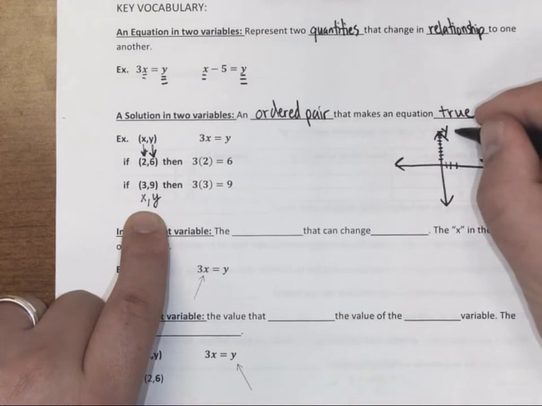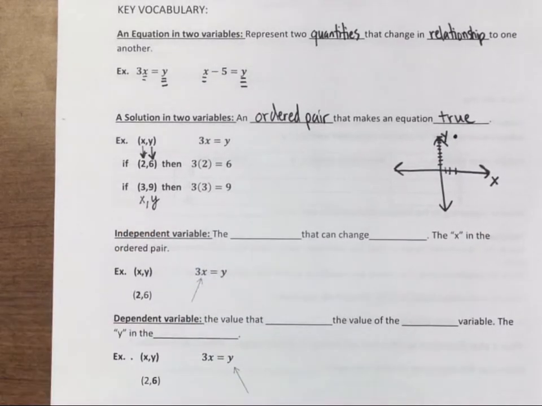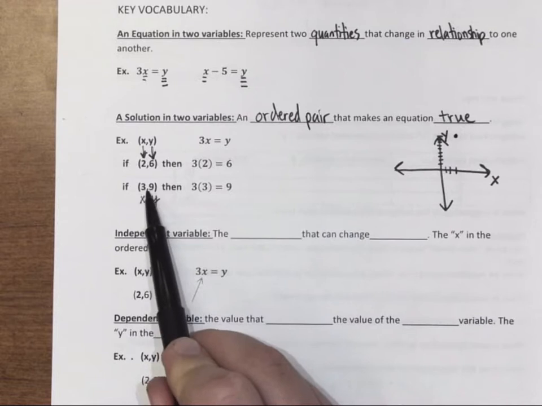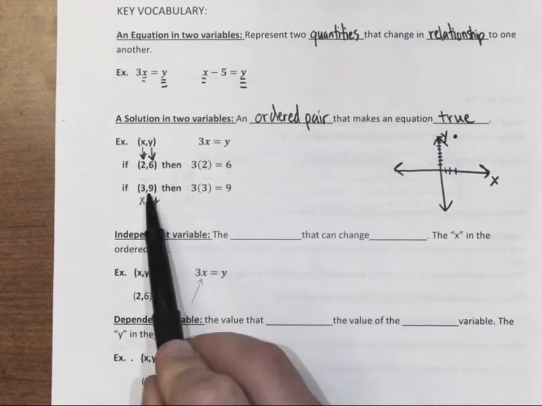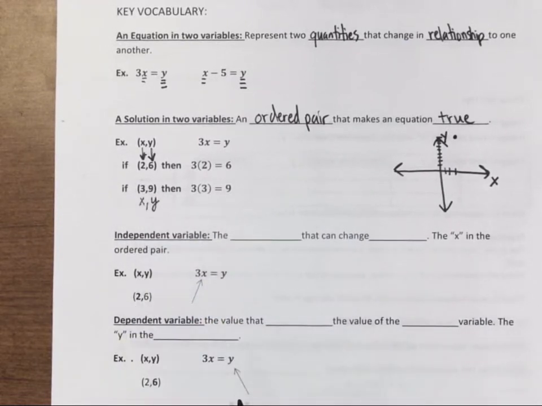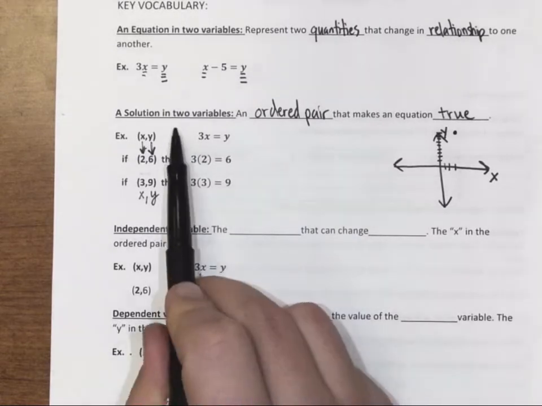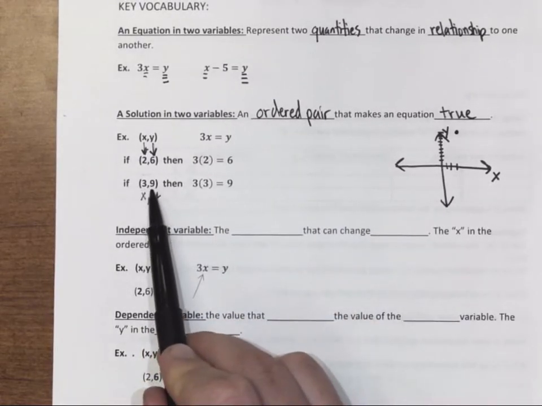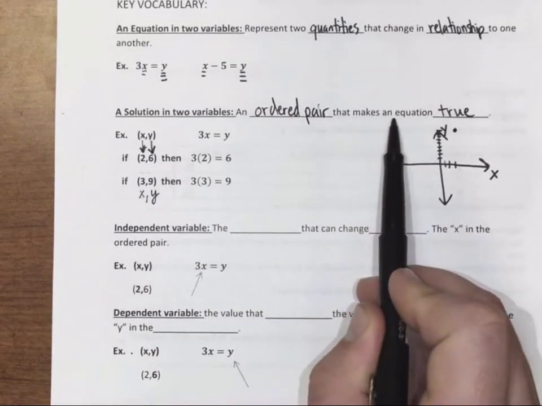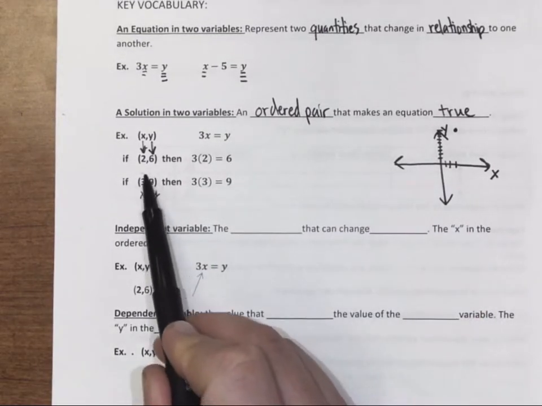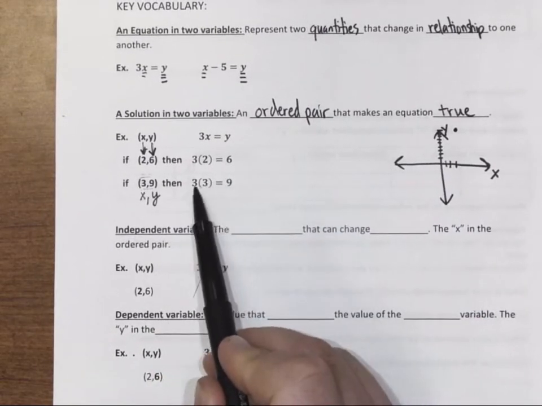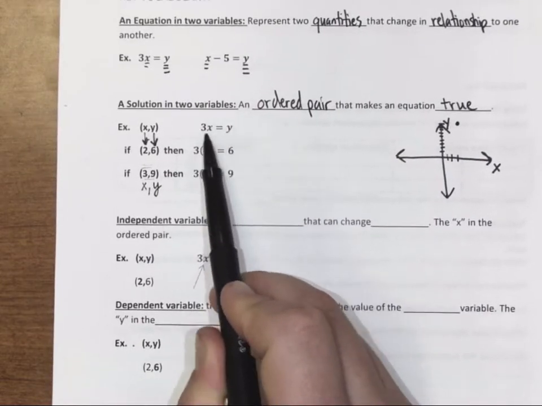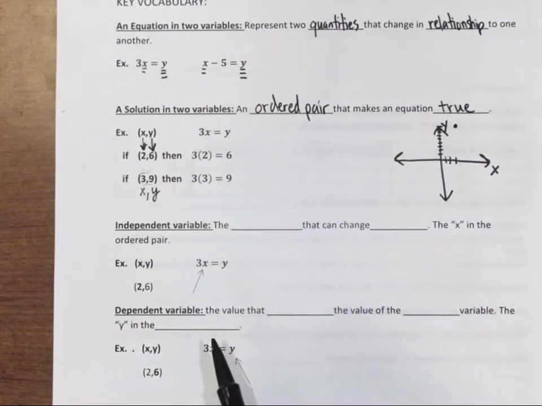Okay, so I would plot a point somewhere up here, which would represent the location 3, 9, or the ordered pair. So a solution in two variables is just an ordered pair. This is an ordered pair that makes an equation true. Okay, this ordered pair makes this equation right here a true statement.